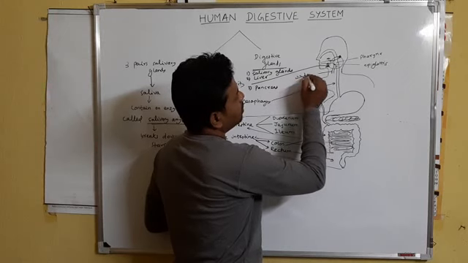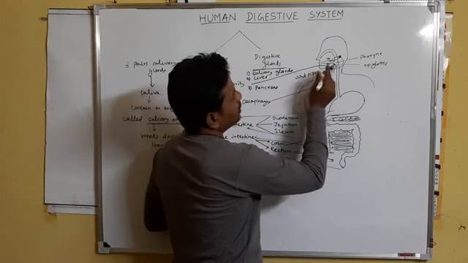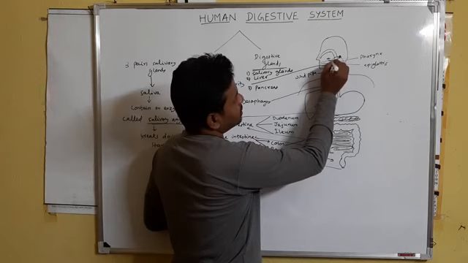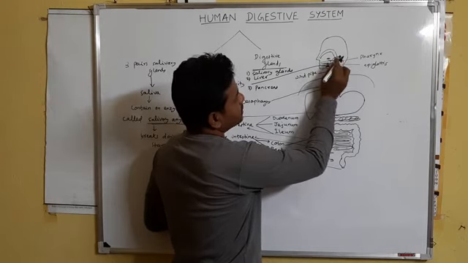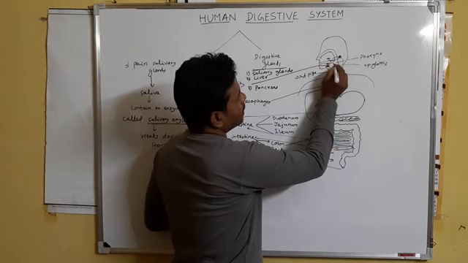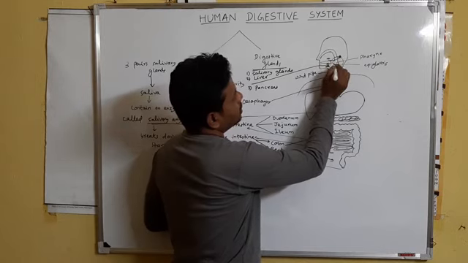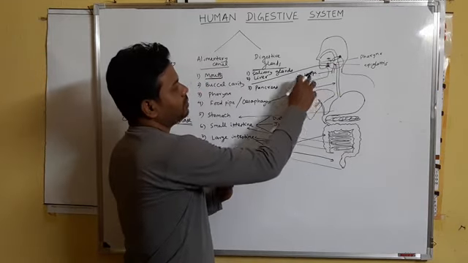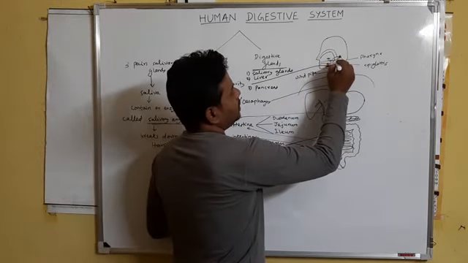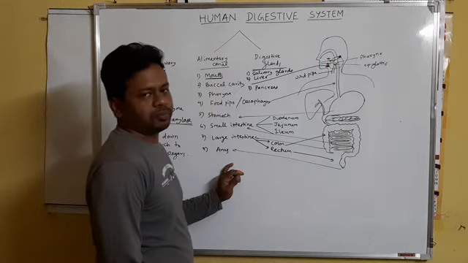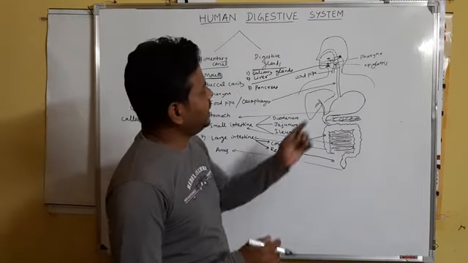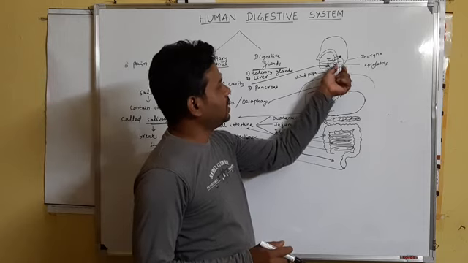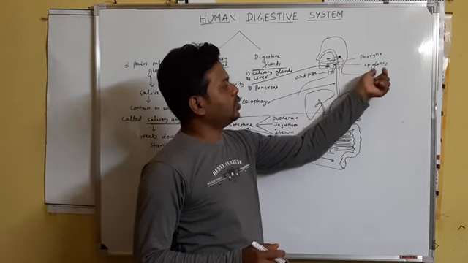This is the windpipe, and when the food passes through this pharynx, this cartilage or cover stops the entry point of the windpipe, and the food simply passes to the food pipe. So to prevent the entry of food into the windpipe, there is a covering called the epiglottis.